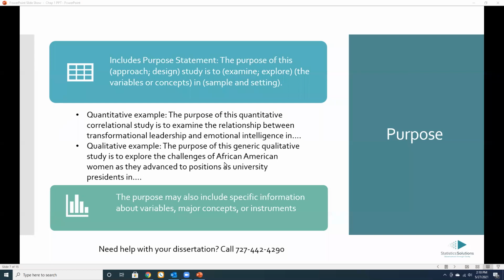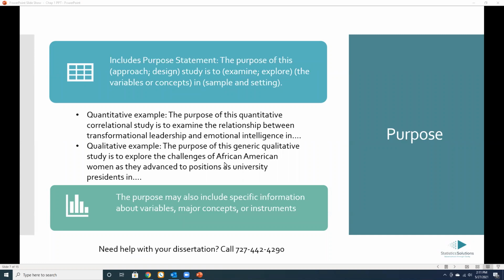And what the purpose statement is, it's really an encapsulation of what you're doing in your study. It doesn't tell you why, but it tells you what kind of study it is. It tells you the design. It tells the variables. So it's kind of your study in a nutshell. The section is typically not too long.